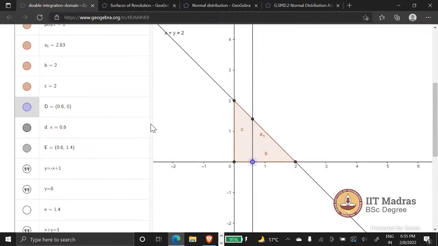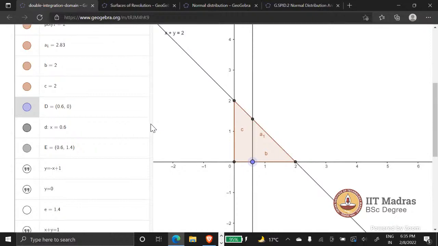We were just trying to see how the slicing works. What do you mean by slicing a surface? What is the curve that you get? If you have a surface and you have to take the integration, say x varying from 0 to 1 and y varying from 0 to 2, then to find fx, instead of taking the surface, people generally take whatever the limit is, the support given in the question.